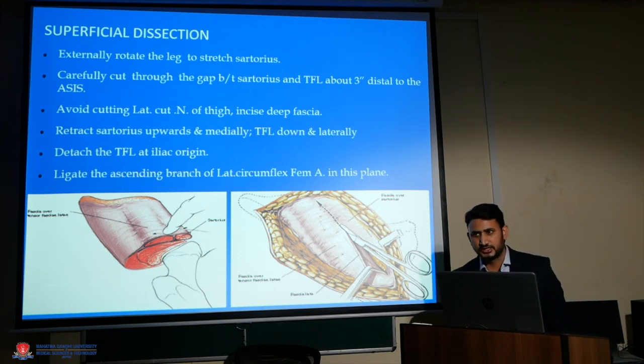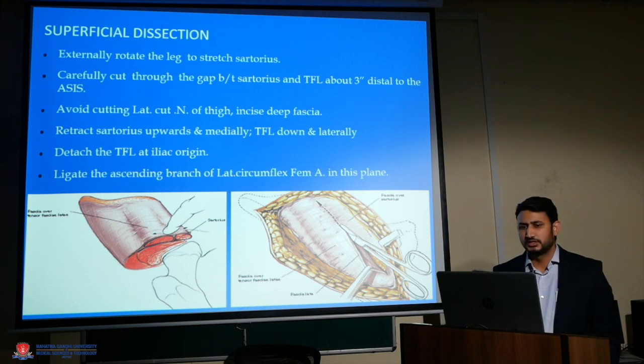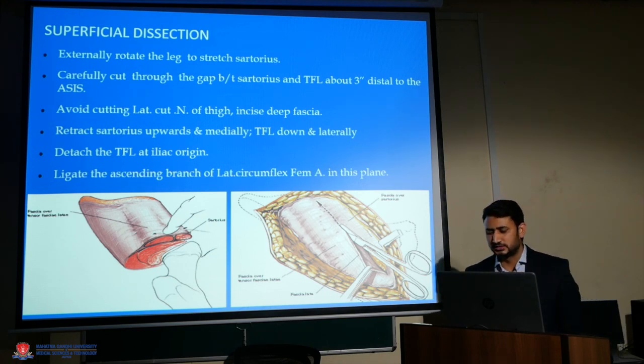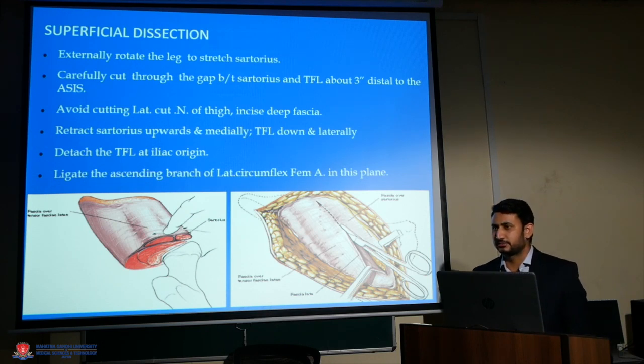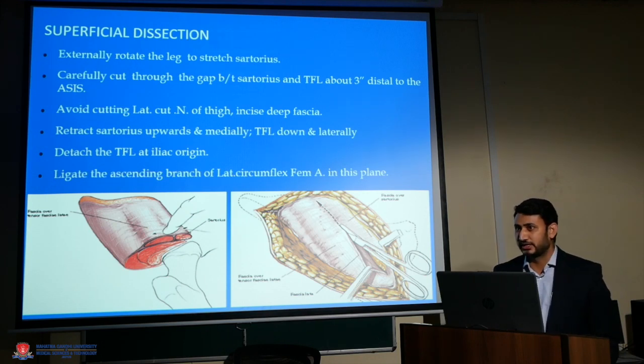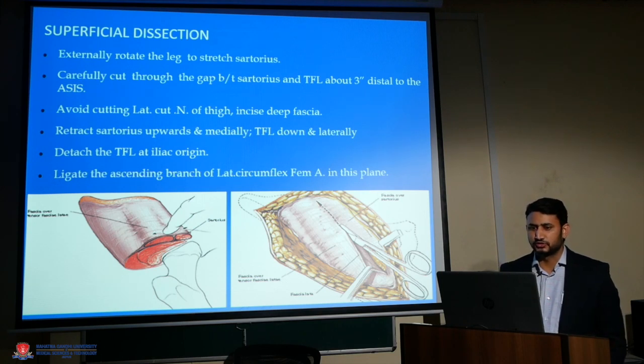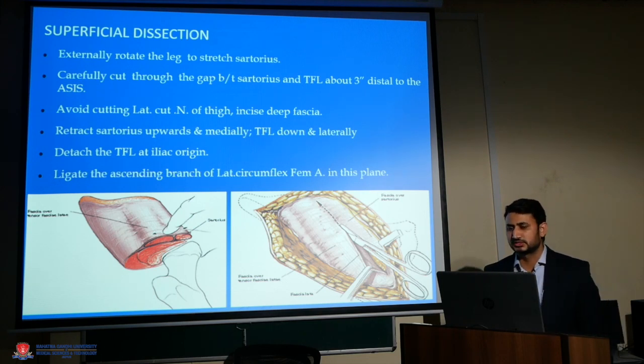Detach the tensor fasciae latae from the iliac crest origin, and downward there is the ascending branch of lateral circumflex artery. So we have to ligate it, otherwise it will bleed profusely and it will hamper our vision of the surgical field. So it is a very important structure, the ascending branch of the lateral circumflex femoral artery.